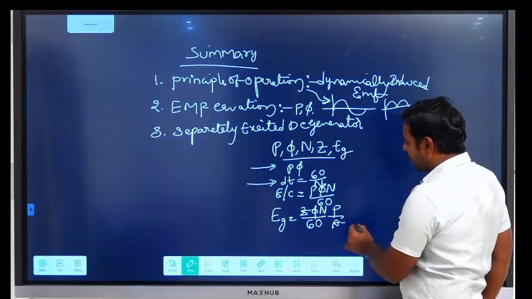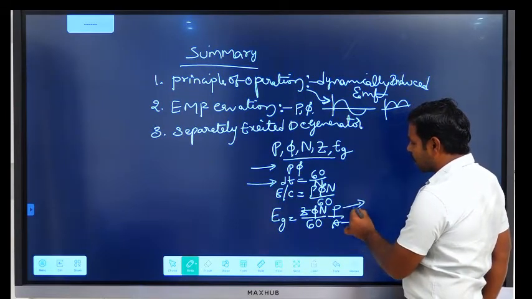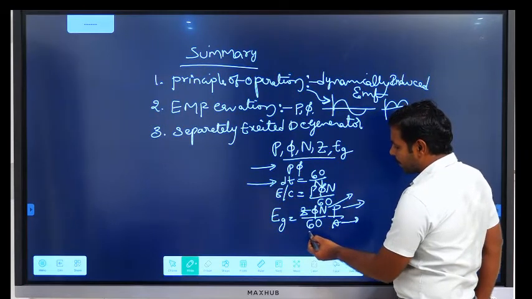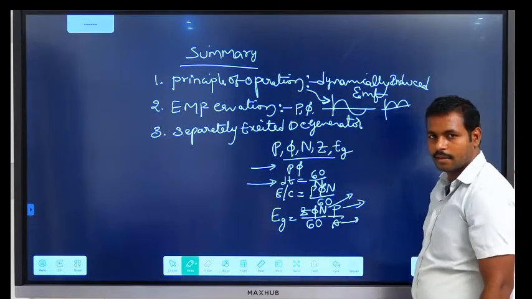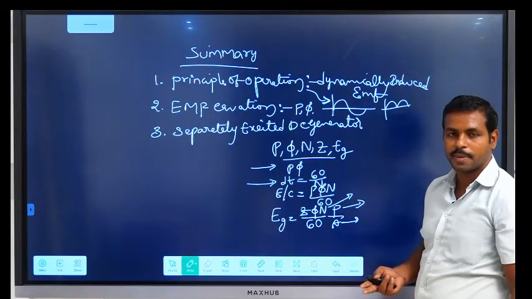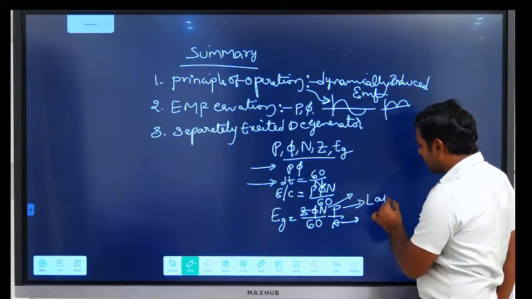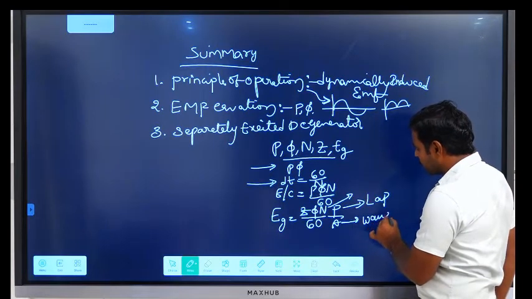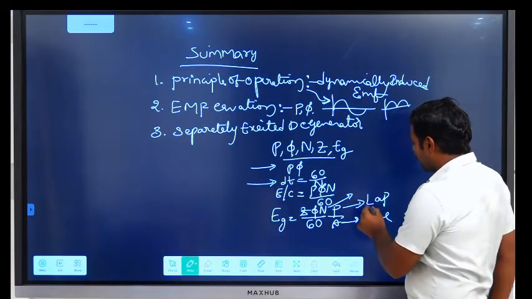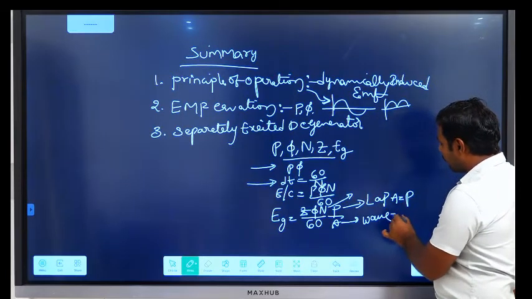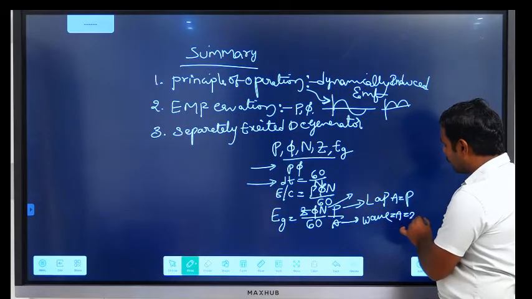A is the number of parallel paths, P is the number of poles, N is the speed in RPM, and phi is the flux per pole, divided by 60. The armature can be connected in two types of windings: lap winding and wave winding. For lap winding, A is always equal to P. For wave winding, A is always equal to 2.